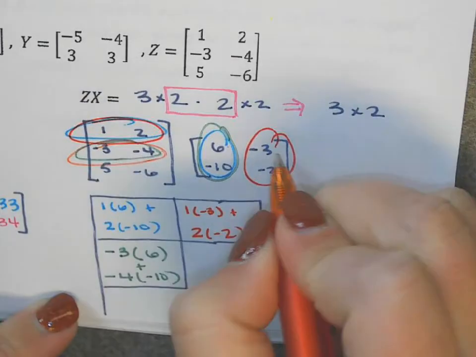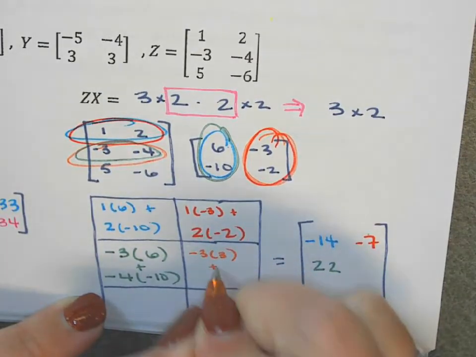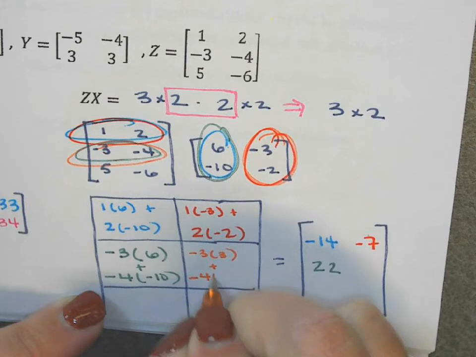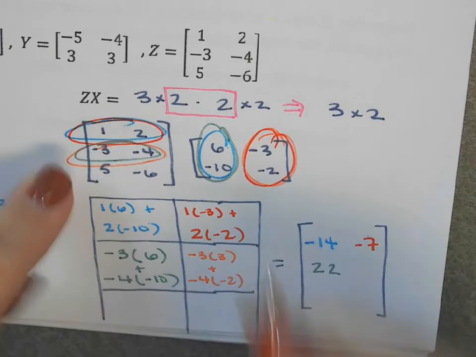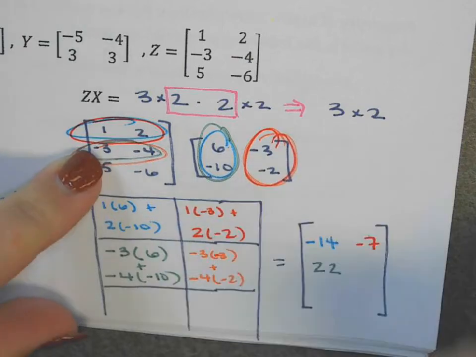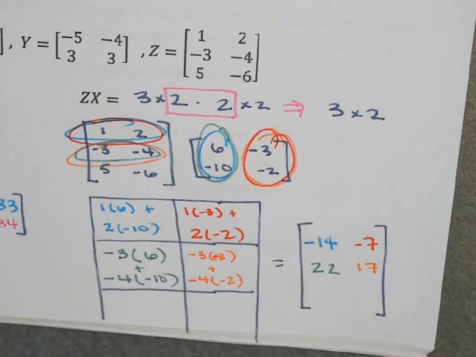Middle row, second column, negative 3 times 3 plus negative 4 times negative 2. Negative 9 plus 8. No, wait a minute. Sorry, that's negative 3 times negative 3. 9 plus 8 is 17.